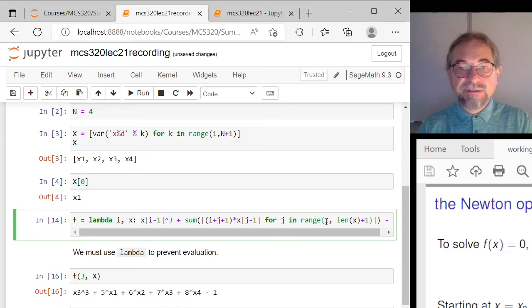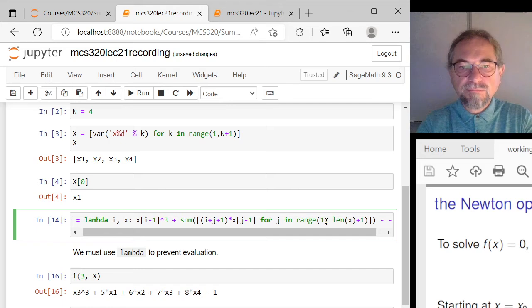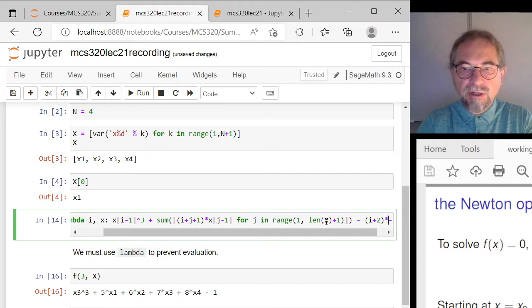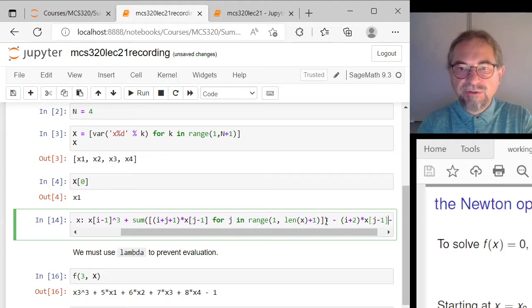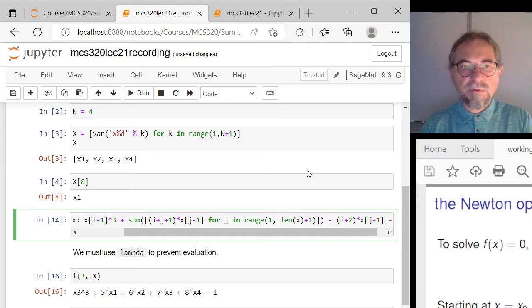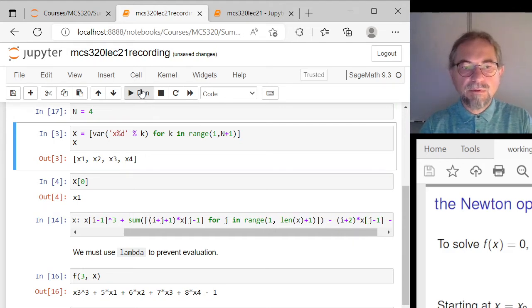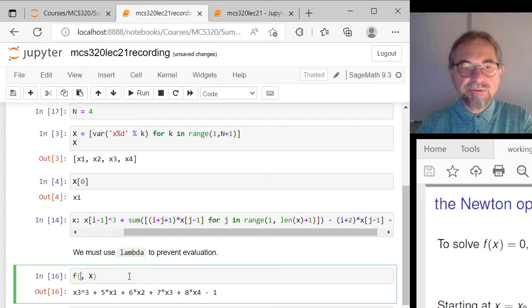But I have not skipped the ith term, so let me subtract it. So I have the minus (i plus 2) times xj minus 1. So that will skip the term and make the gap. So let me do this.